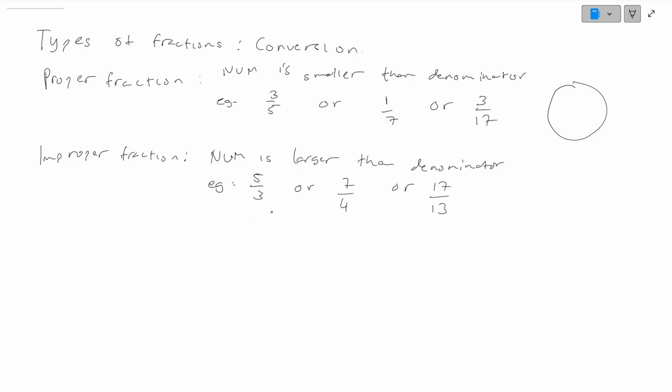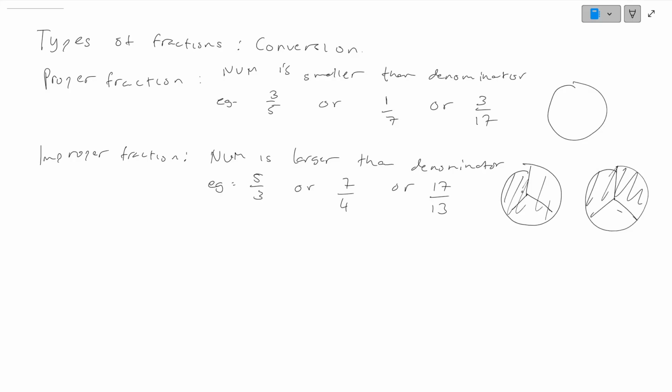Numerator is larger than the denominator, and visually what this means is that you have more than one item to represent this fraction. So for example, for 5/3, you will have one pizza that is cut into 3 and you have all those pieces, and you also have another pizza that is cut into 3 and you have 2 of those pieces. So you have 5 pieces chosen over 3, which is the total number of pieces in one pizza.